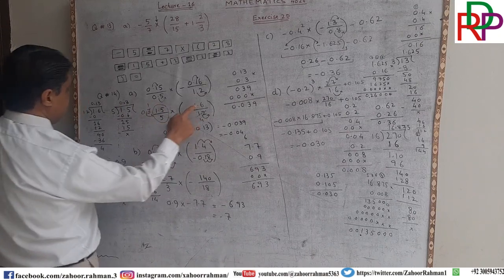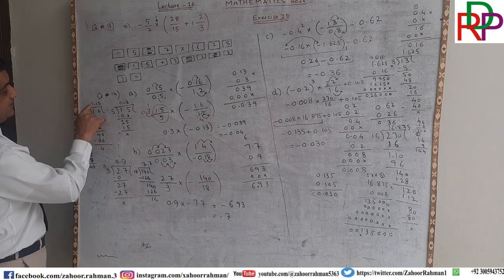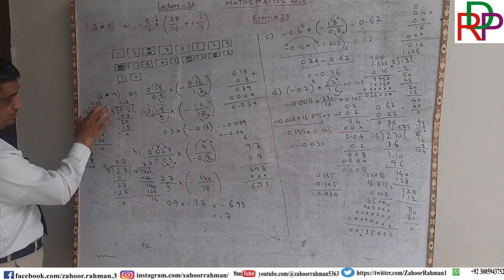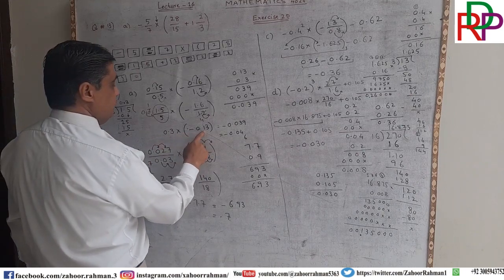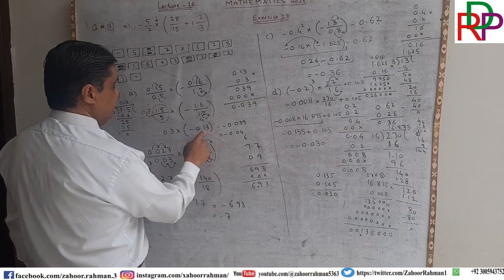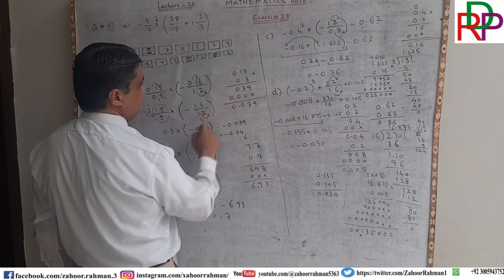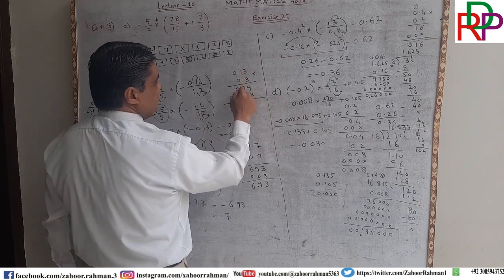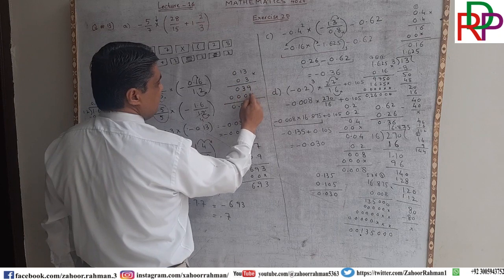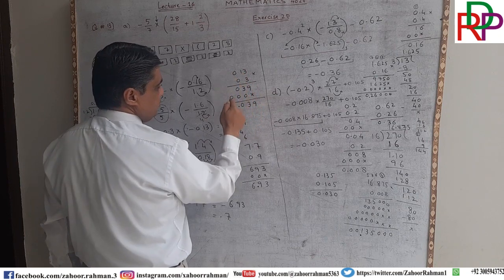Multiplication is in its place. 1.6 when divided by 12 is 0.13. You can see and check this. So this will be 0.13. We have to multiply this 0.13 with 0.3, and 3 threes are 9, 3 ones are 3, 3 zeros are 0, 1 cross, and 0 threes are 0, 0 ones are 0, 0 zeros are 0.